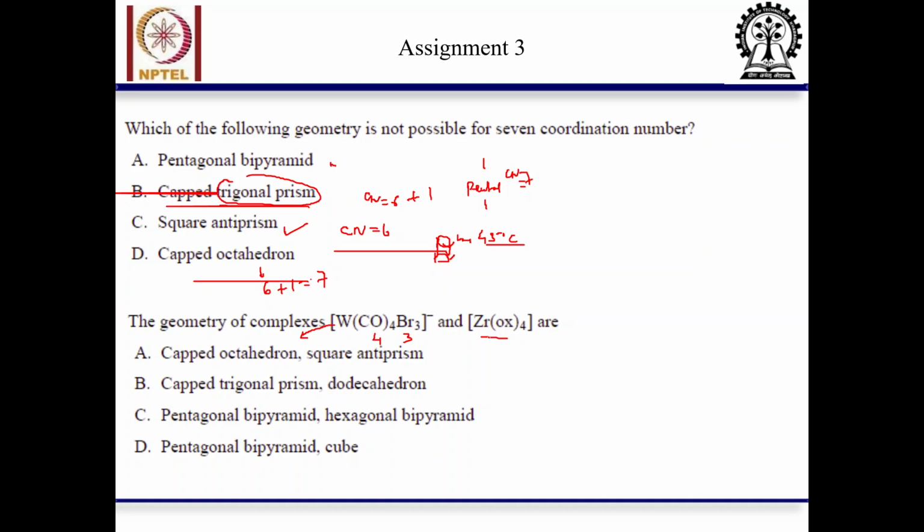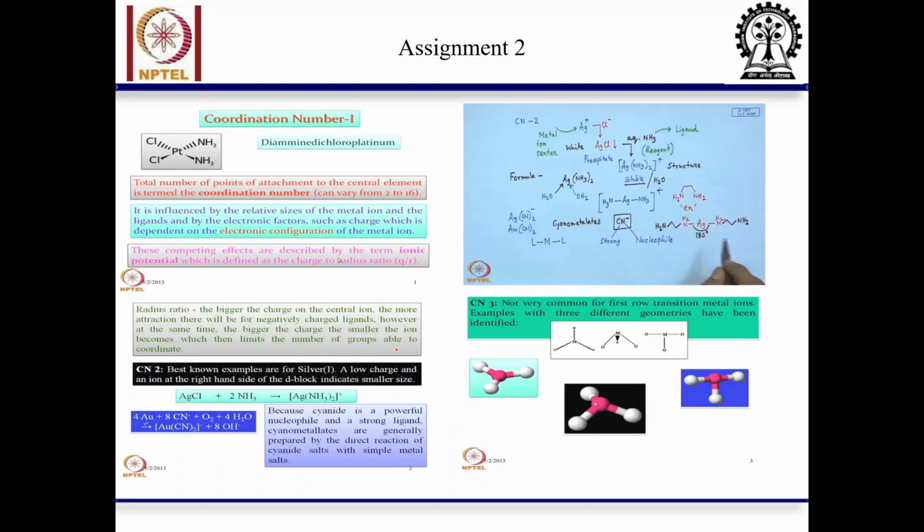And this is zirconium oxalate. This kind of complex has coordination number 8. So what are the possibilities? It can be the dodecahedron, square antiprism, hexagonal bipyramid, or cube. But zirconium and all other such complexes form the square antiprism, which Professor has already told you.